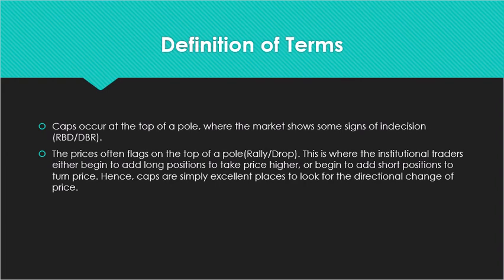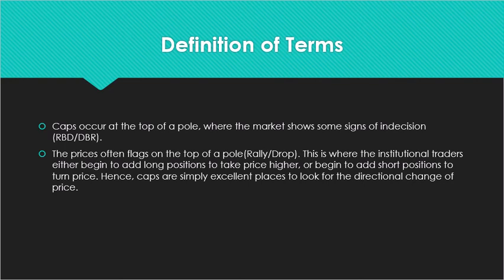Once the price starts to flag, the price may end up reversing. That's what we call a cap on price. Caps only occur on the RBD and on the DBR, which means you can only see them on a reversal market structure. You need to understand that.